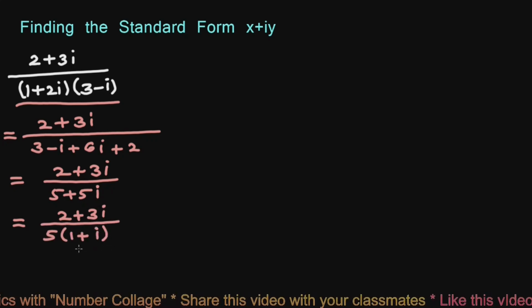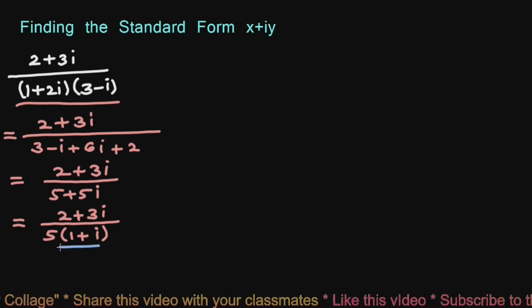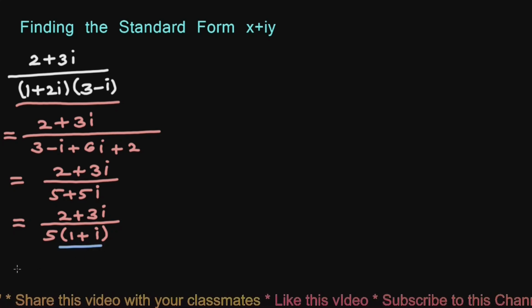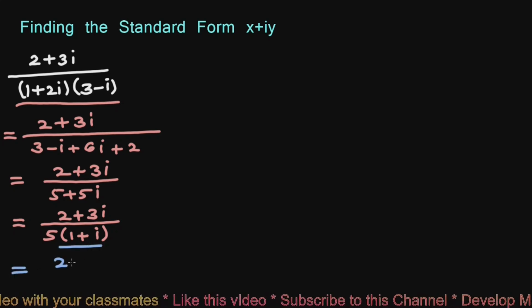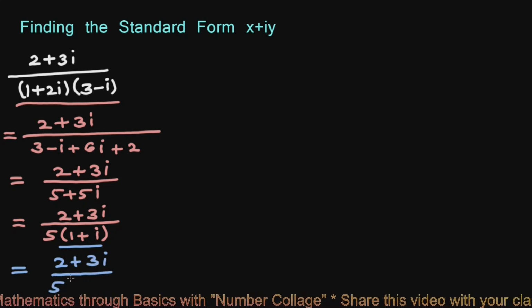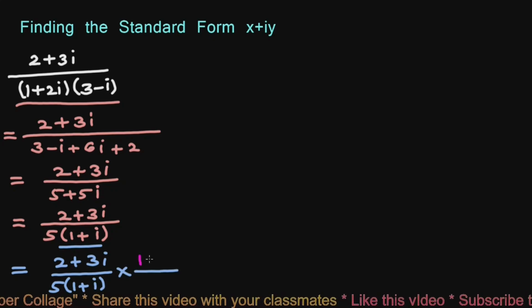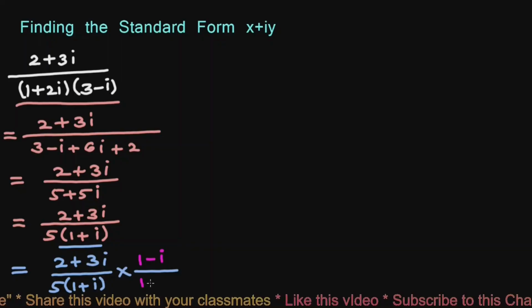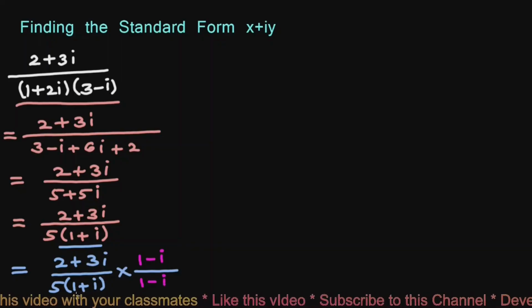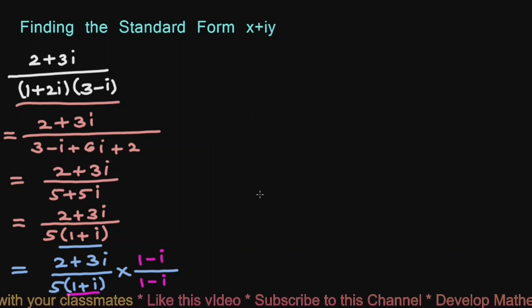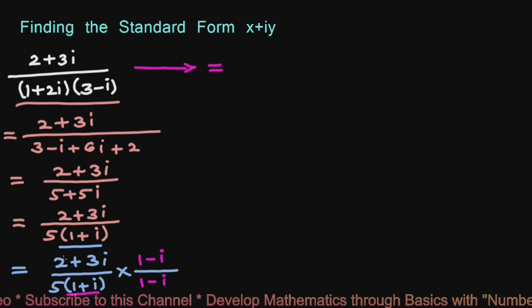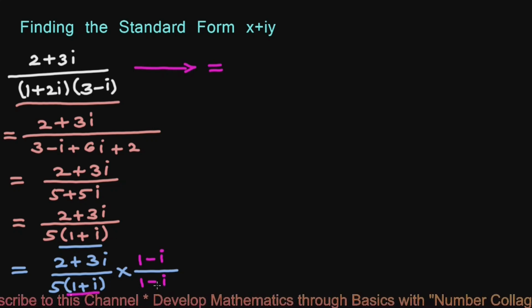Next we will multiply by the conjugate of 1 plus i in the numerator and denominator and write (2 plus 3i) upon 5 into (1 plus i), multiplied by (1 minus i) upon (1 minus i), which is the conjugate of 1 plus i. Next we will multiply numerator and denominator separately.